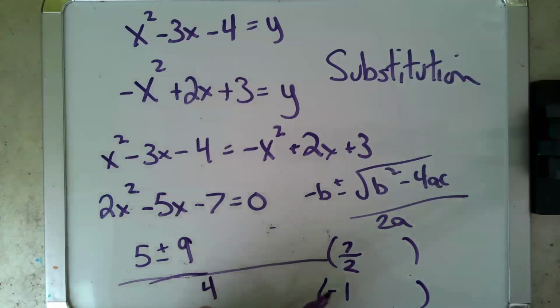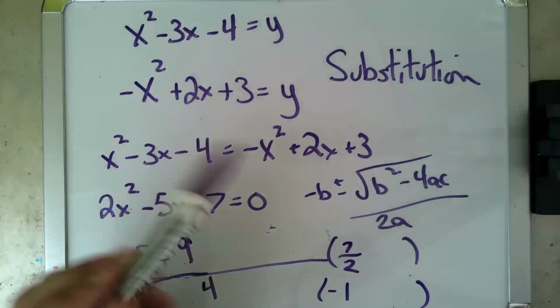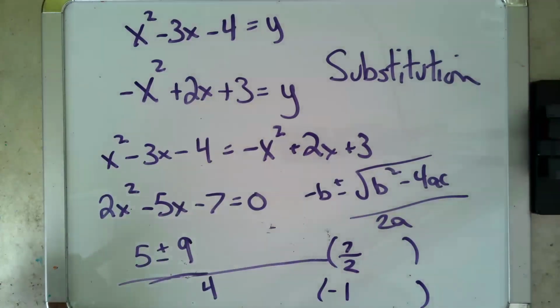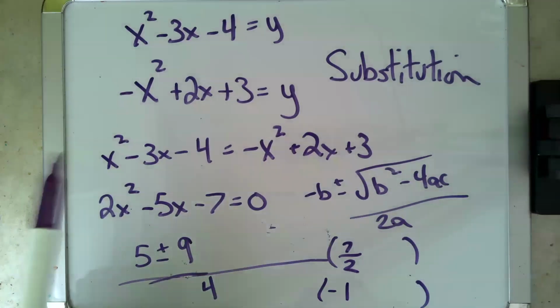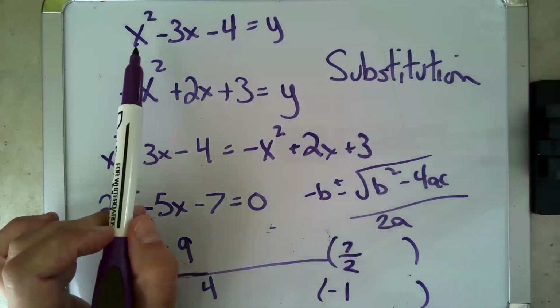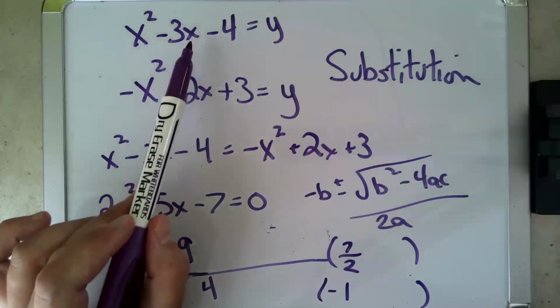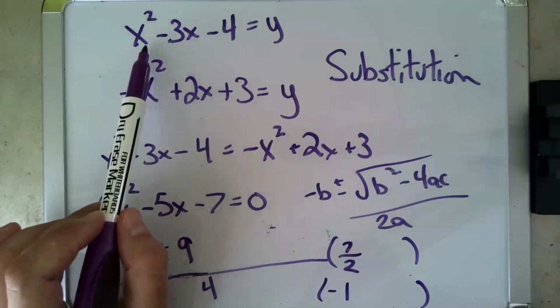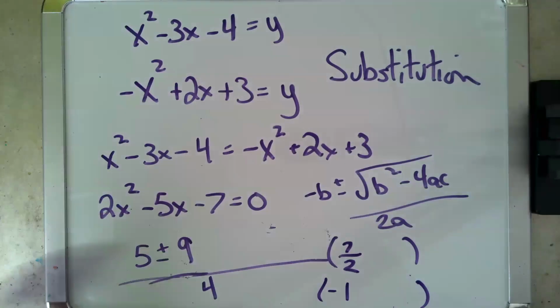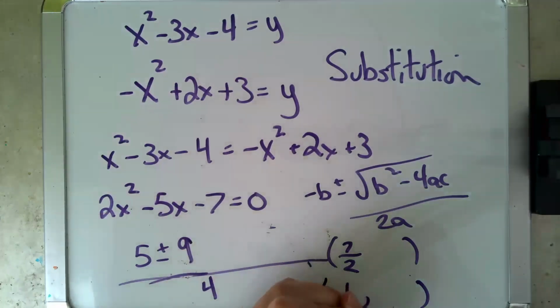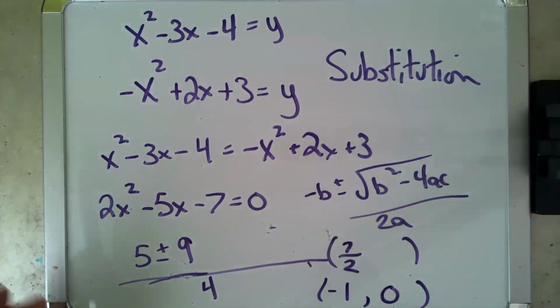Now we go ahead and throw those into either equation. And when you throw negative 1 into, let's say, this equation, so that's 1, and then we have minus 3 times minus 1, or plus 3, so that's 4, and then minus 4, that's 0. So negative 1, 0 is one of our answers.